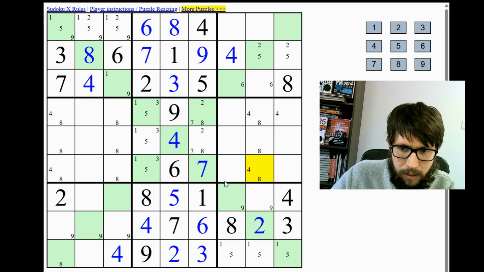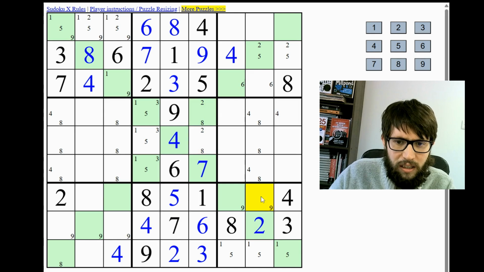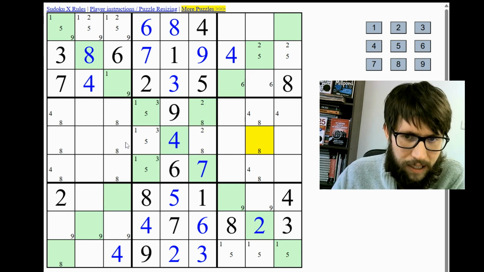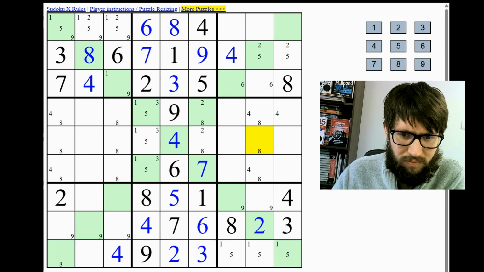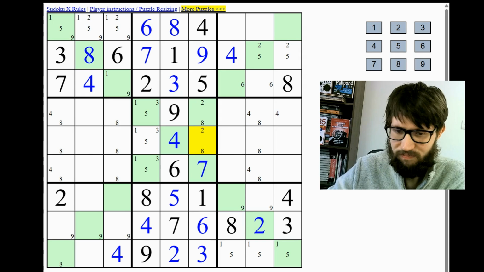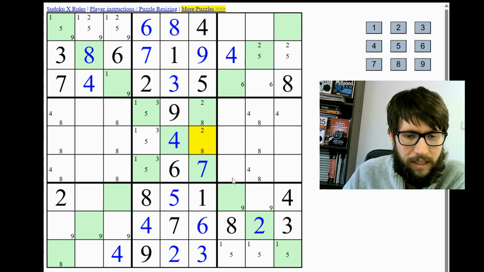So that being the 7 means I can remove these 7s from the notation. And I can place, what can I do? Let's think.